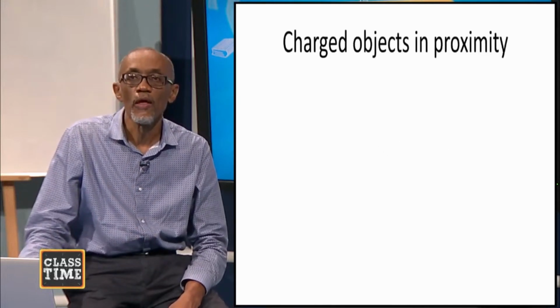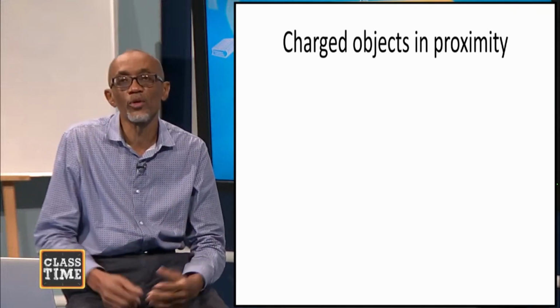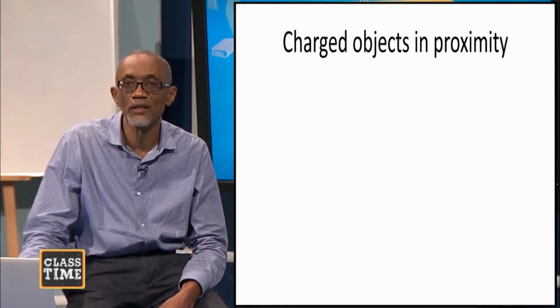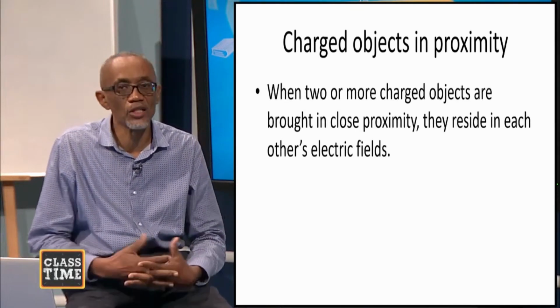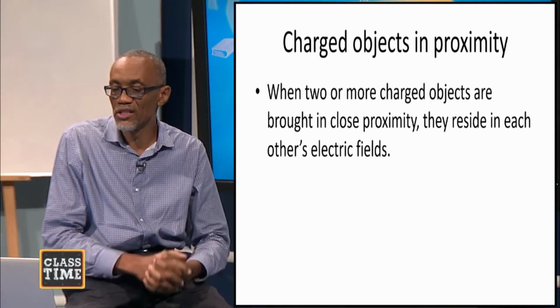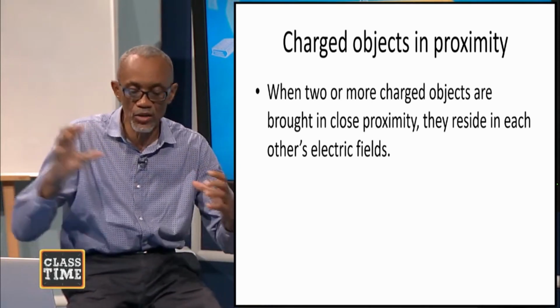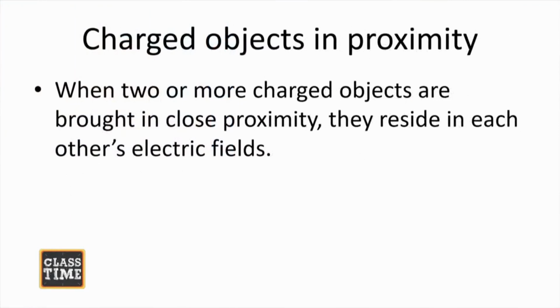And so, if we have charged objects in close proximity, when two or more charged objects are brought in close proximity, they reside in each other's electric field. This charge has an electric field, and this one has an electric field. So this charge is in the electric field of this one, and this one is in the electric field of the other.